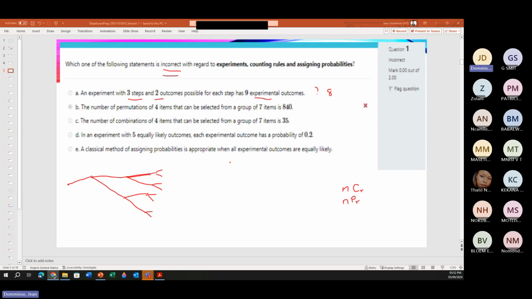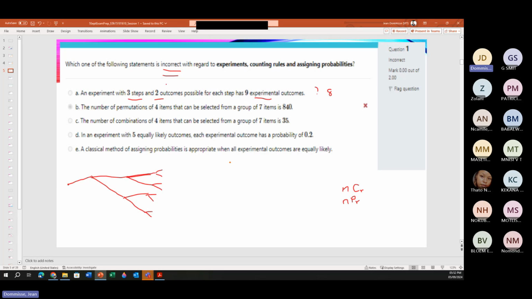Let me quickly check. Okay, so yes, that is the formula: 2 to the power of 3.